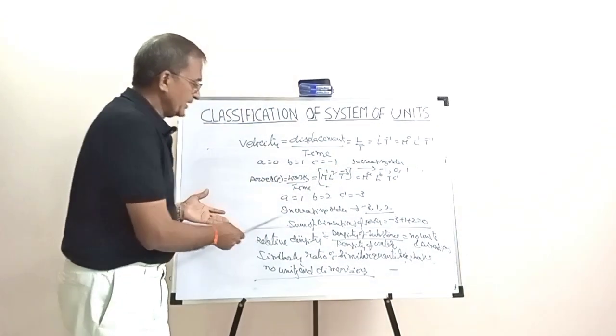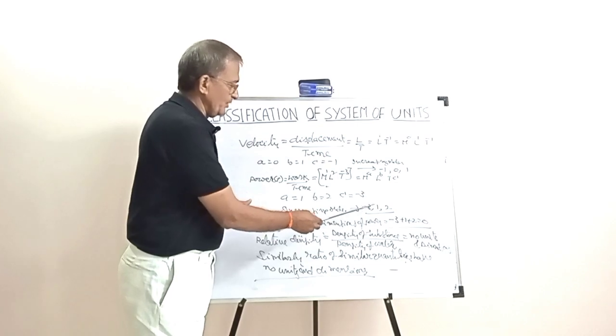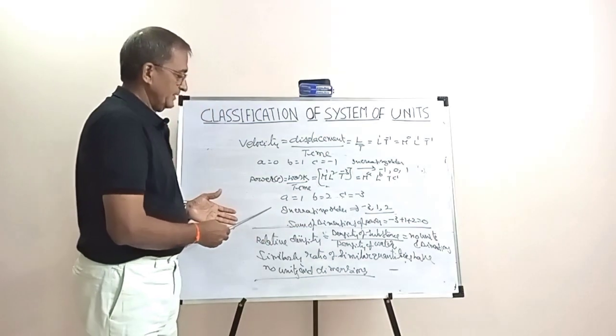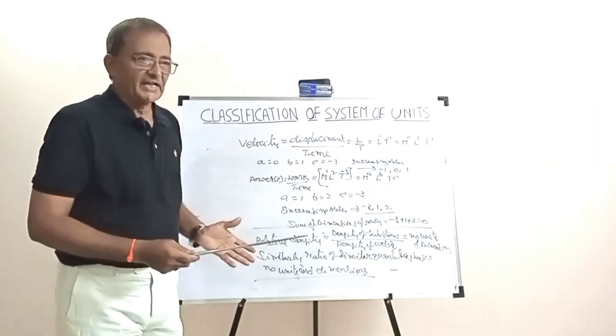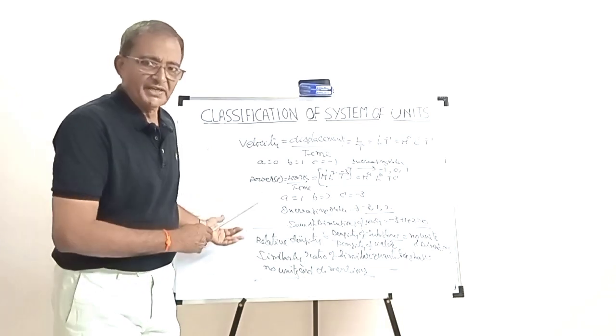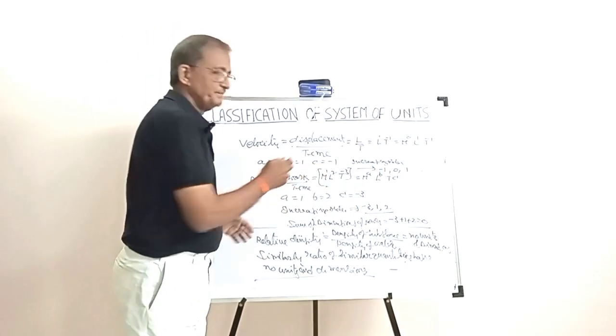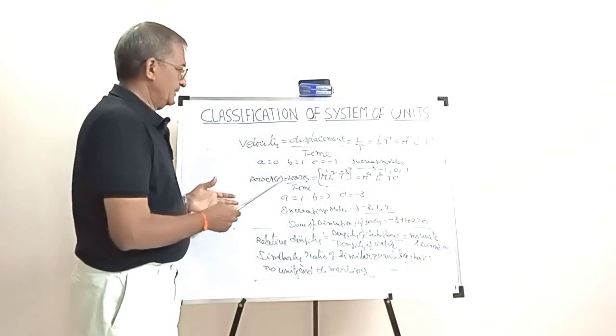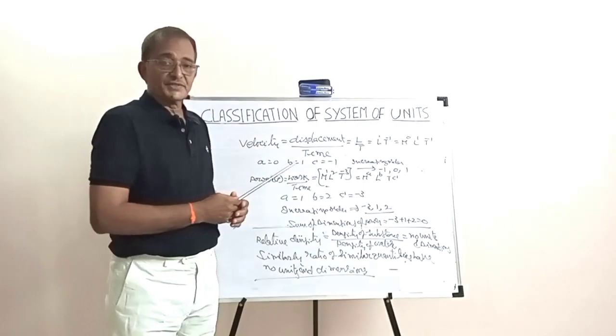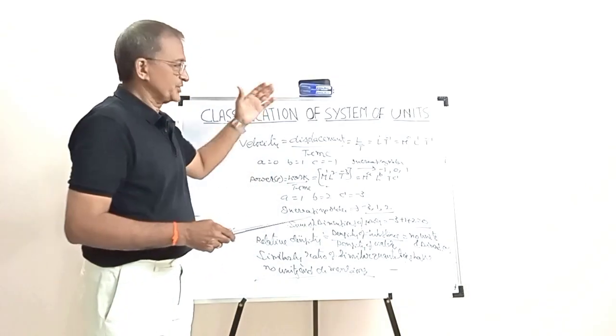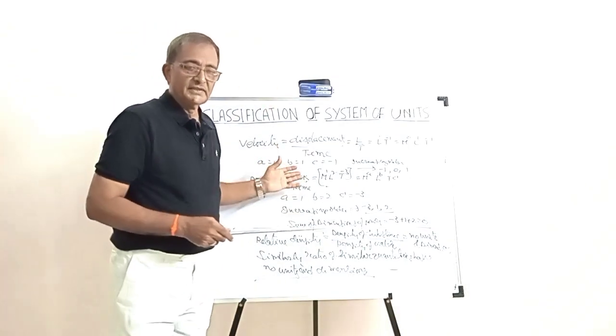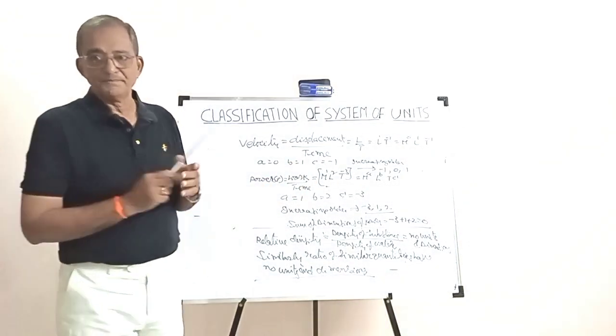Similarly, in the increasing order, it is minus 3, 1, 2. And the quantity that is having negative dimension in power is time. And the total dimension of power is 0. So such questions are possibly asked in the case of dimensional formula.